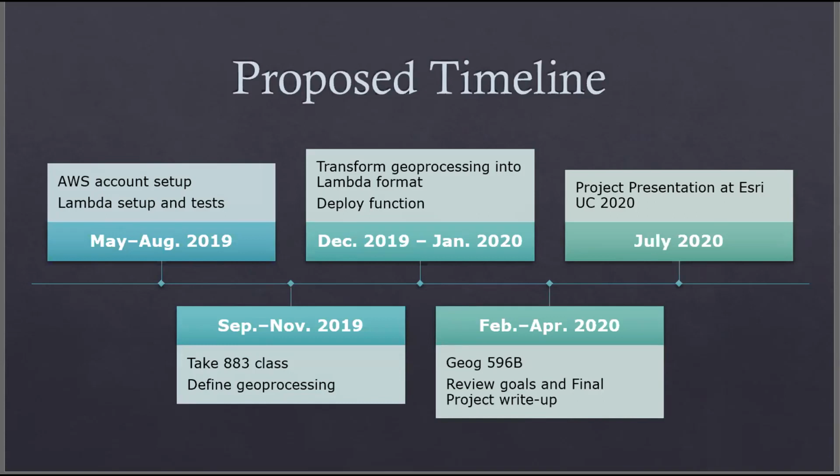Before that time, I will start setting up my AWS account and do some tests. After the class, I will take the geoprocessing workflow, transform it into a Lambda format and deploy the function.